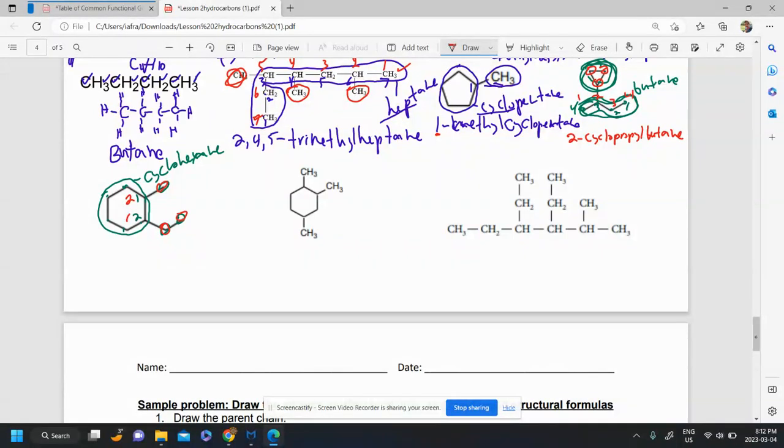Where the numbering ends up being the same, we need to go with a tiebreaker, and that tiebreaker is alphabetical order. So choose the red 1 to make ethyl number 1, and then methyl number 2.